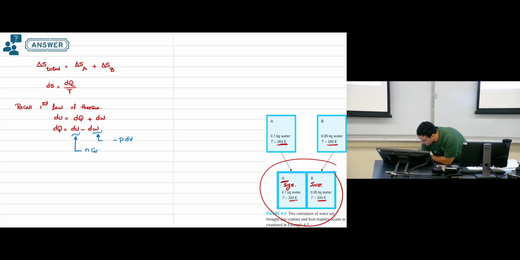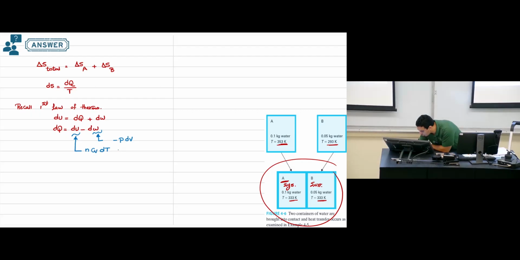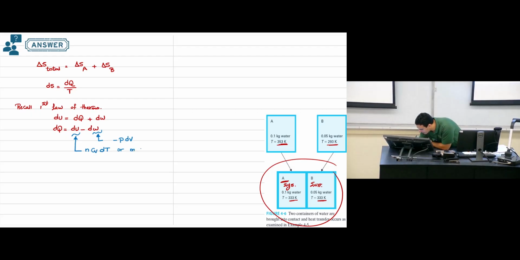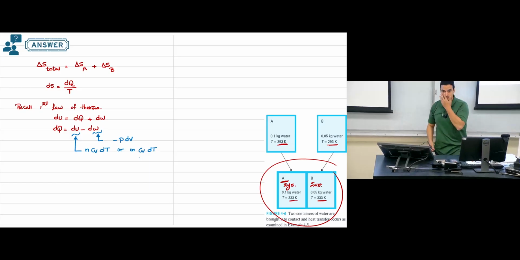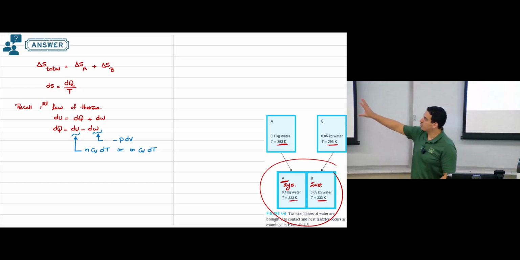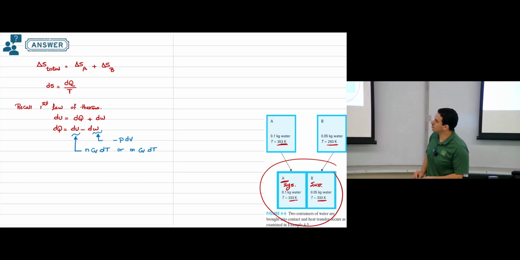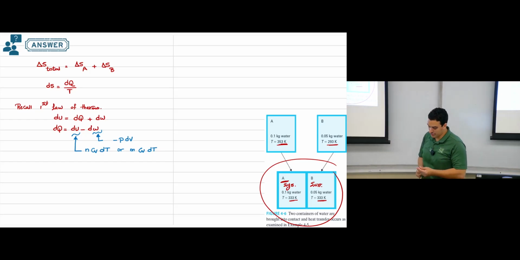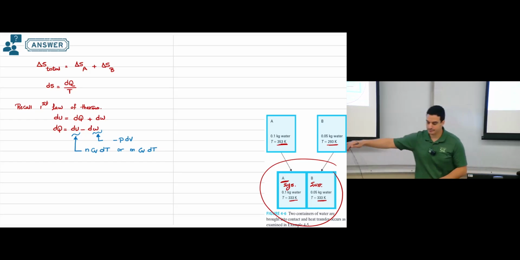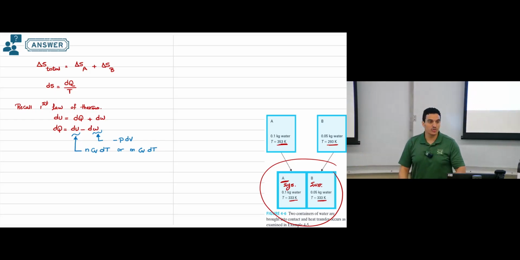And if you recall chapter 2, we have dU, which is n Cv dT or m Cv dT. So we have the work equation, which we described in chapter 1, and the internal energy equation and its relation to heat capacity, which is from chapter 2. In this example, we don't have any volume changes. We have a closed piston.